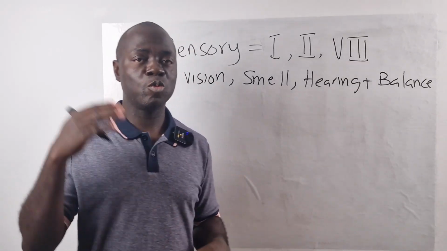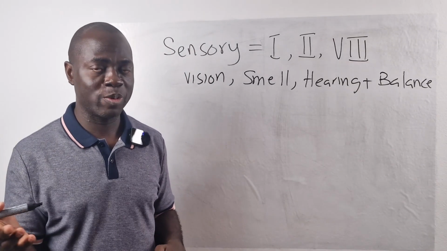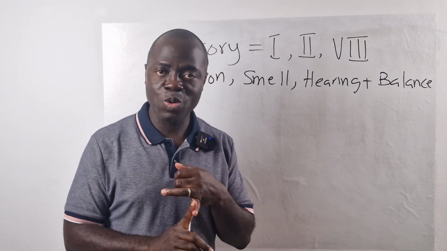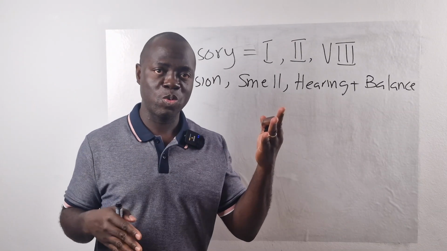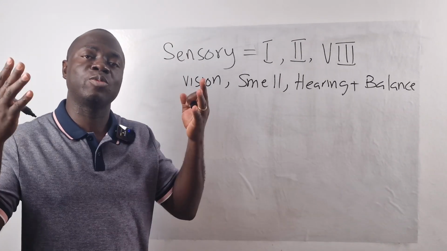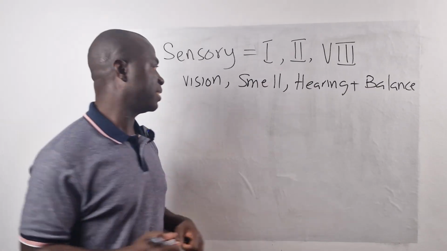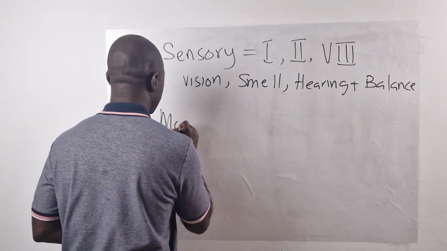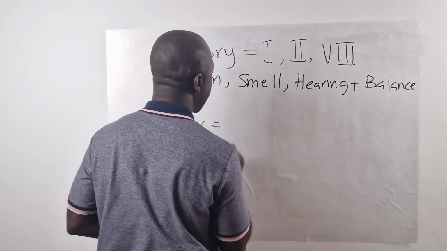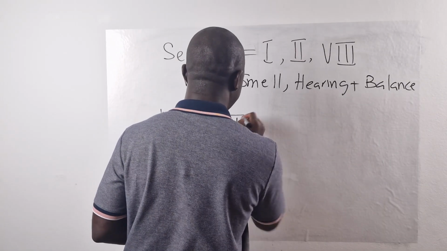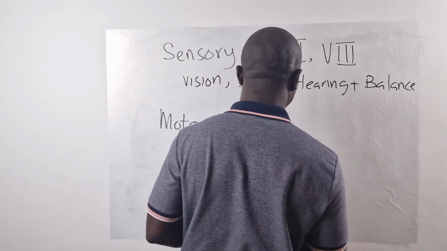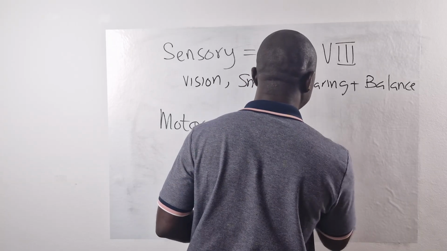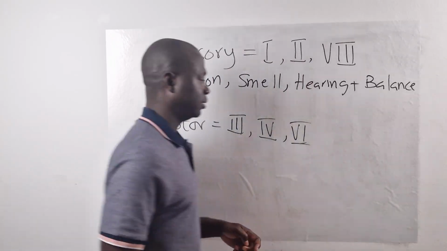And then there are those that are purely motor. So if you remember, we'll start from the eye movement group, okay? So oculomotor, trochlear, abducens. These are purely motor nerves because all they do is to supply extraocular muscles, okay? So motor, we will have cranial nerve 3, the eye movement group, cranial nerve 4, the trochlear, okay? And cranial nerve 6, abducens.